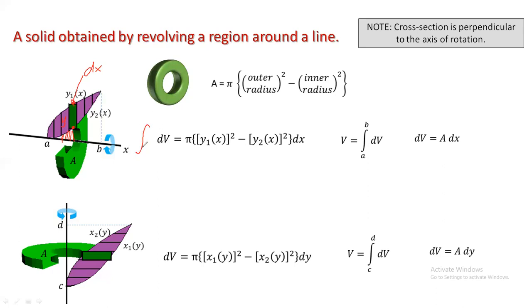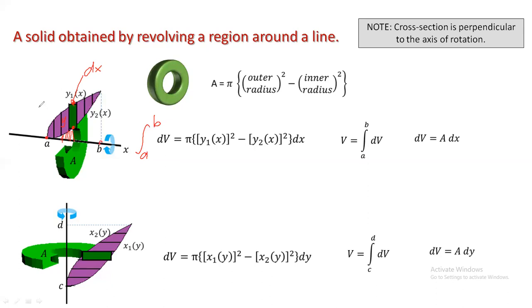So your limit here should be from a to b, because you're only going to get the volume starting with x equal to a to x equal to b. Do you get it? So pi outer radius squared minus inner radius squared dx.